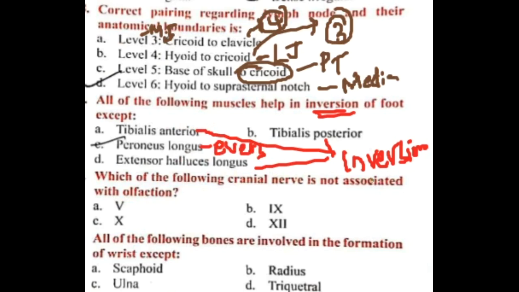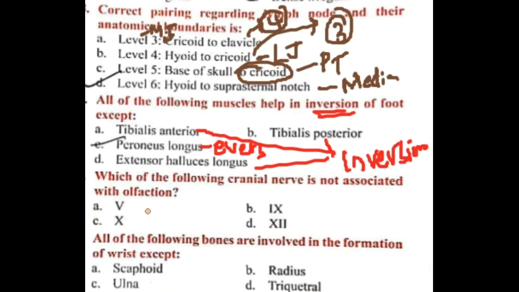Which of the following is not associated with olfaction? See, olfaction is mainly associated with the first cranial nerve, that is the olfactory nerve. But there is one more thing you have to remember: for olfaction it's not just the first cranial nerve. Along with it, some other cranial nerves also play a role in olfaction.